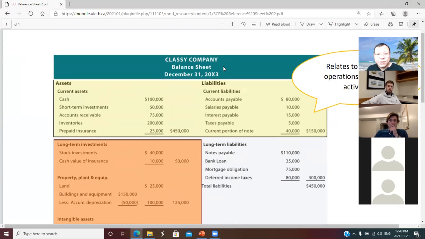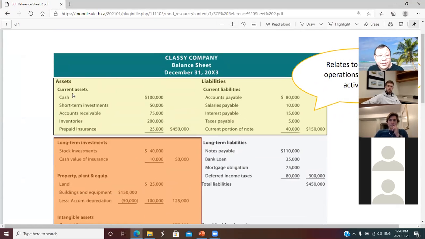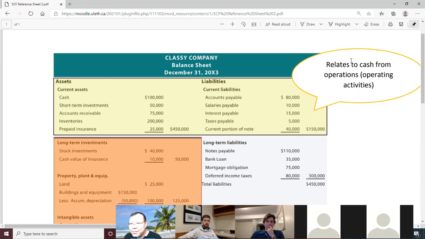So you can see here is the current assets, right? Here is the current liabilities. So this part relates to the operating activities. Current assets, current liabilities. These two sections relate to operating activities.